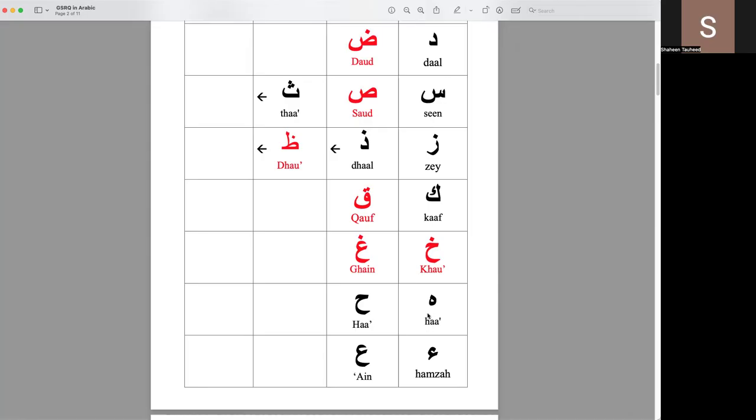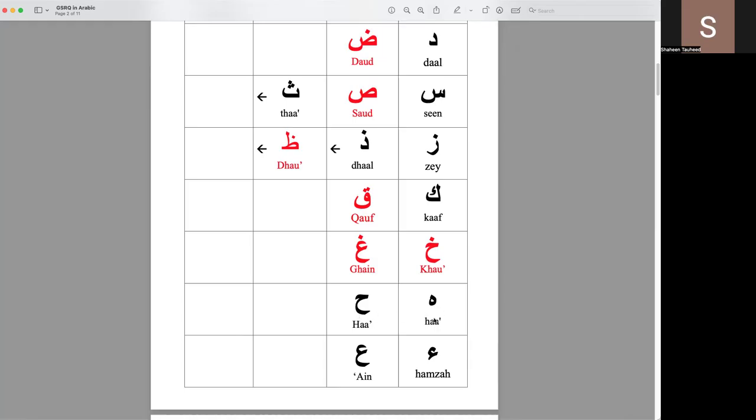This is like an English H. But this Ha has no equivalent in English, and this has a lot of air from the middle of the throat. If you put your finger on the middle of the throat, you can feel the air passing. Ha, Ha, Ha.